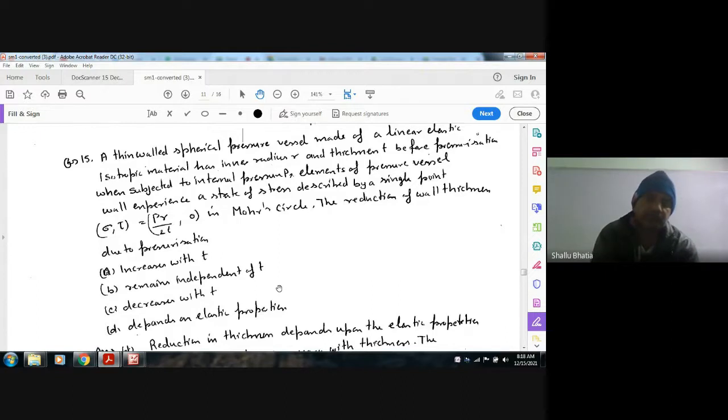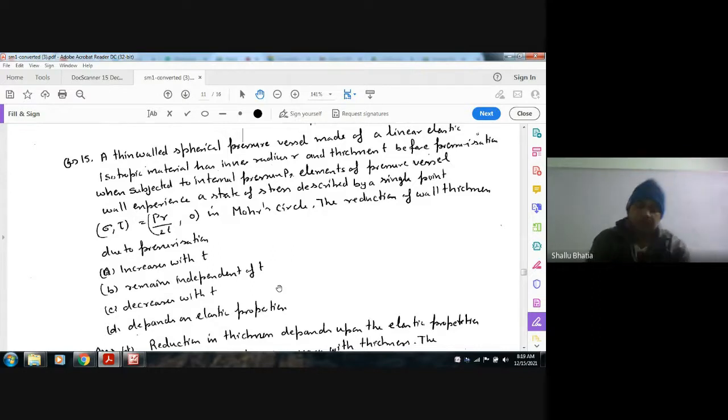When subjected to internal pressure P, an element of the pressure vessel wall experiences a state of stress described by a single point on the Mohr circle, sigma, tau equal to PR by 2t, 0. The reduction of wall thickness due to pressurization: A, increases with it; B, is independent of it; C, decreases with it; D, depends upon the elastic properties.